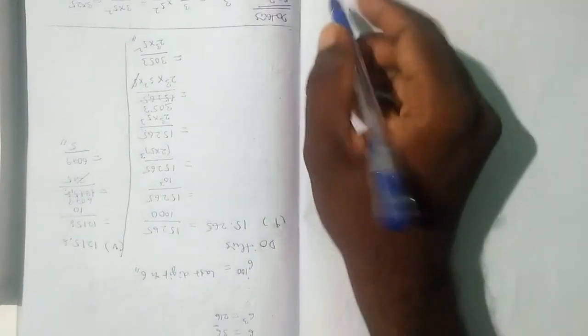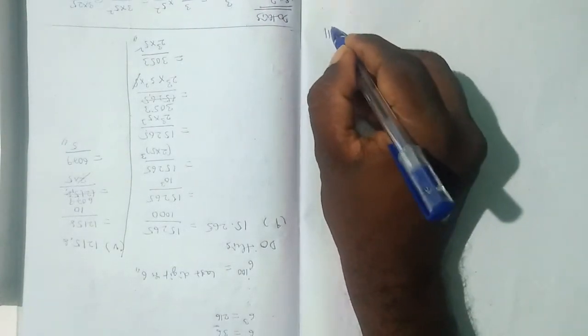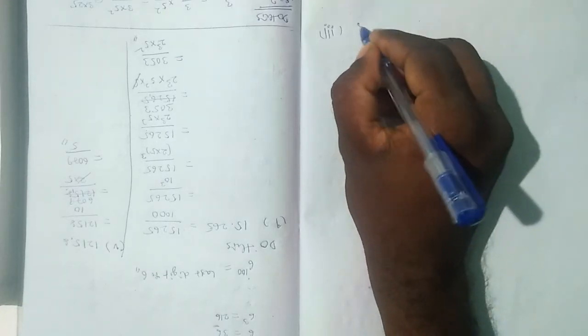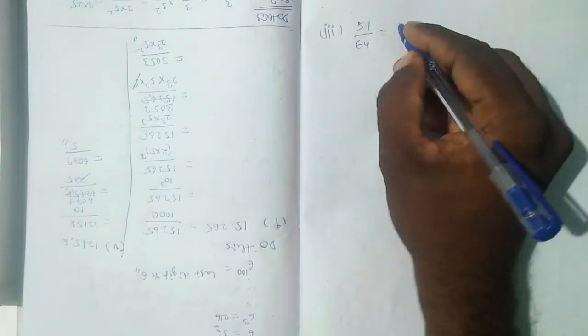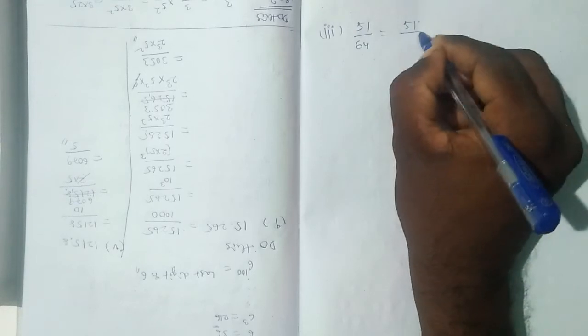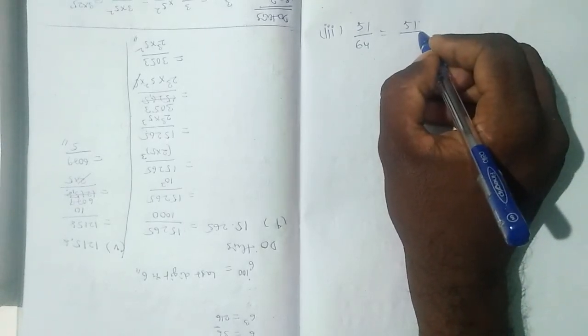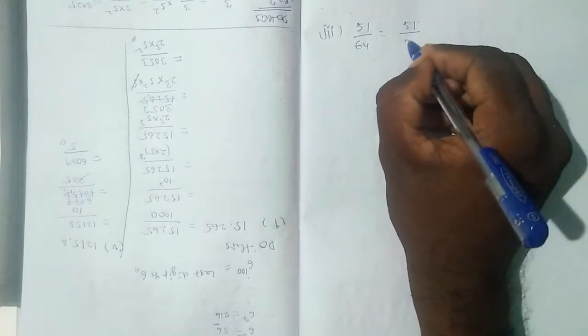One more problem, third problem, 51 by 64. 64 we can express as 2 to the power of 6.